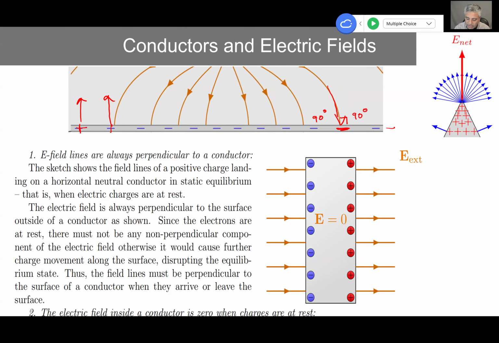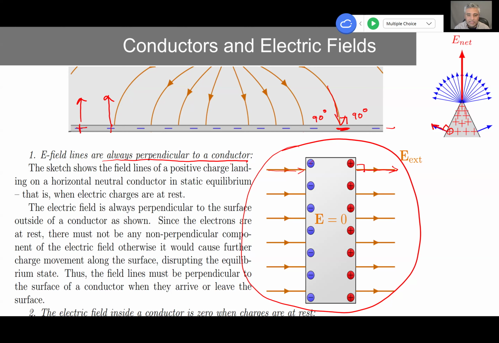So here you can see the same thing. On the negative side, they are entering, and on the positive side, they are leaving, and they are 90 degrees. Look at here, positive charge leaving, and it's leaving at 90 degrees. So field lines are always perpendicular to the conductor. So keep that in mind.